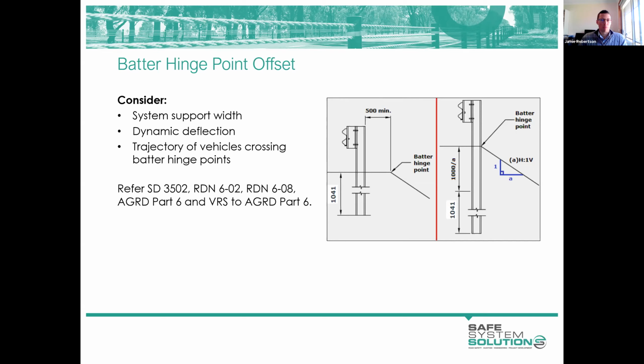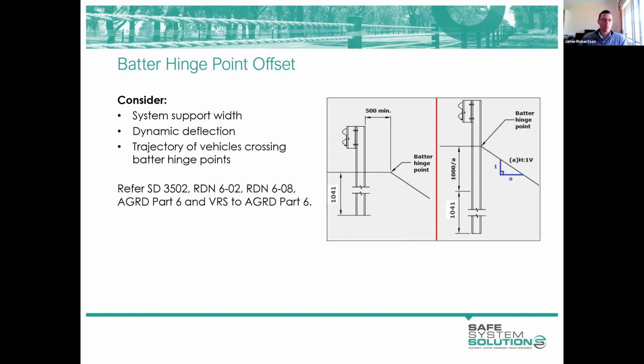Each of those proprietary products have been tested under some slightly different configurations. Some of them have tested at the hinge point. If we are doing that though, we need to extend our post length to ensure that the system does have enough lateral support.